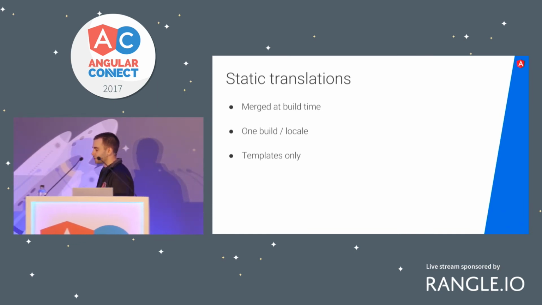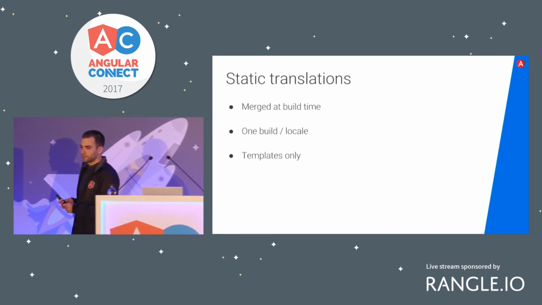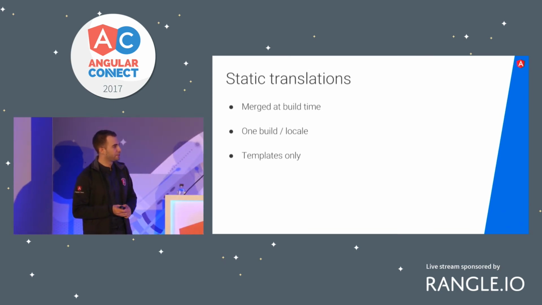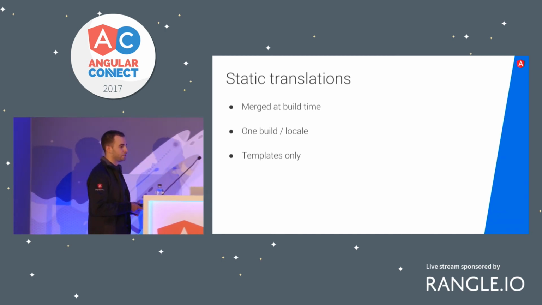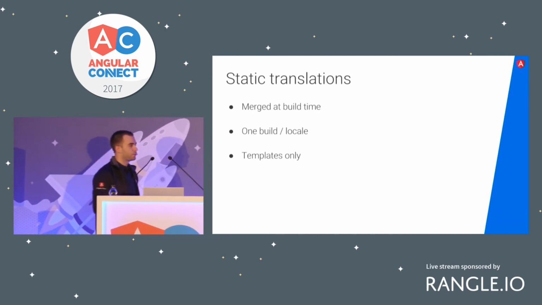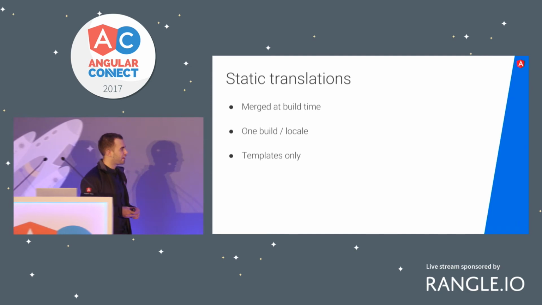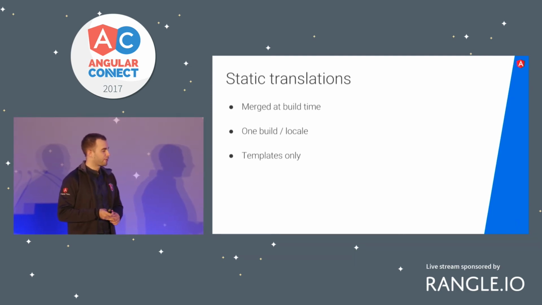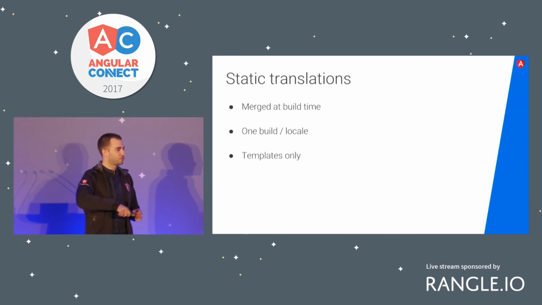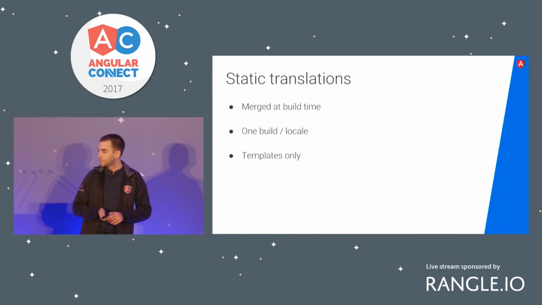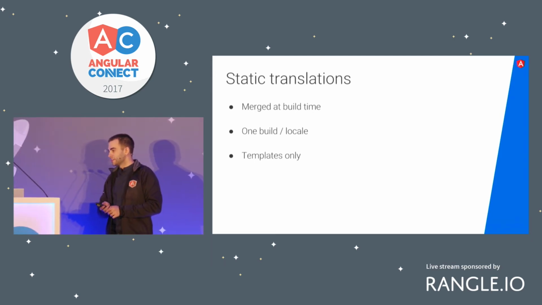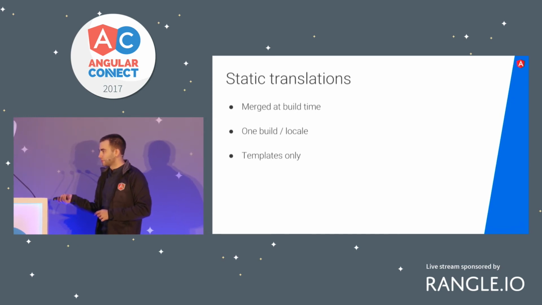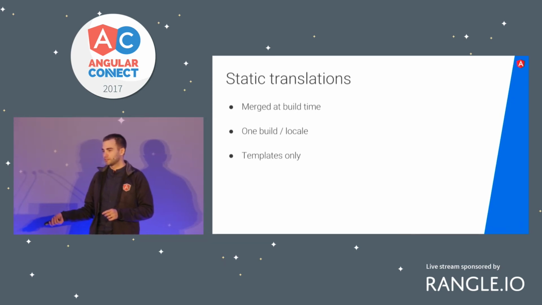Right now, in Angular, we use static translations. What this means is that the text that you extract from your application, you will get a file, an XLIFF file or XMB file, and you will translate this, and you will merge it in your application at build time. This means that for each locale of your application, you will need one build.